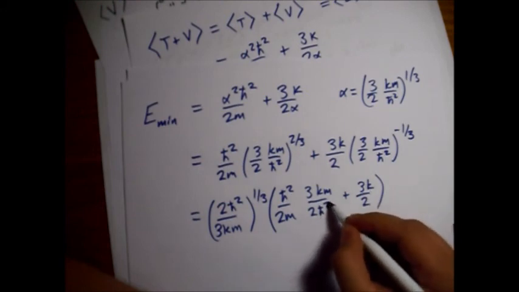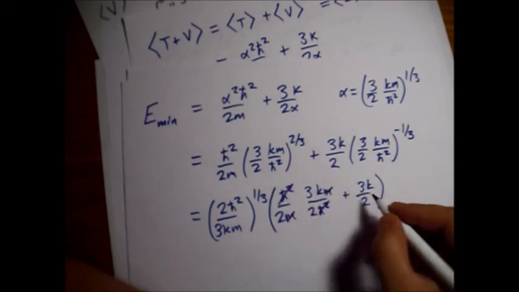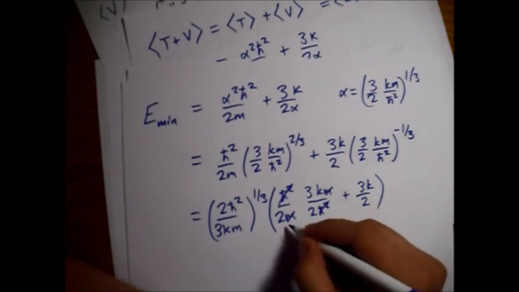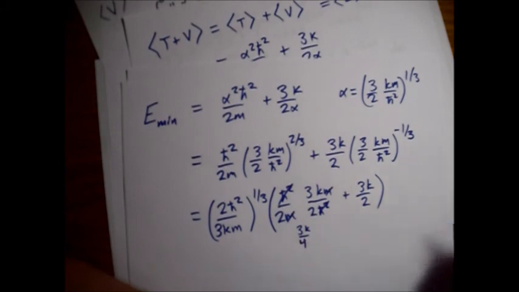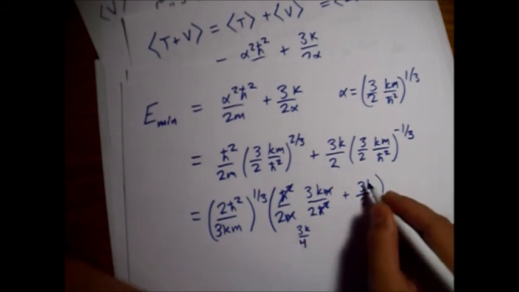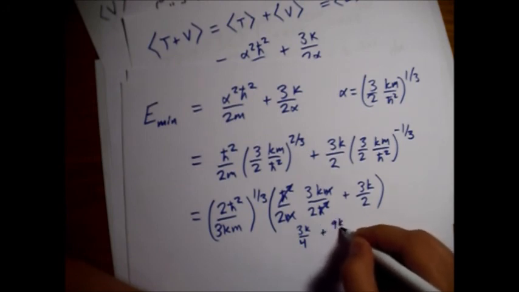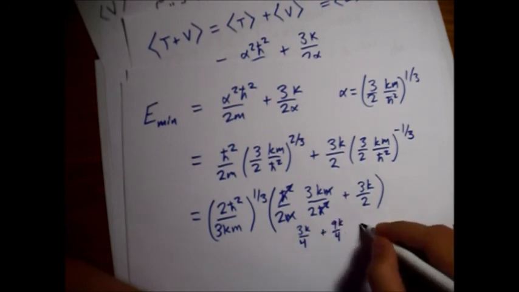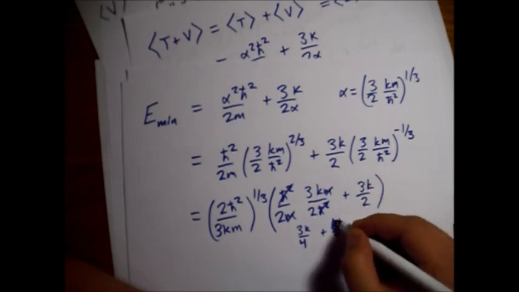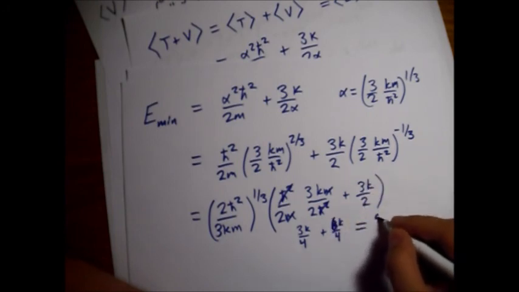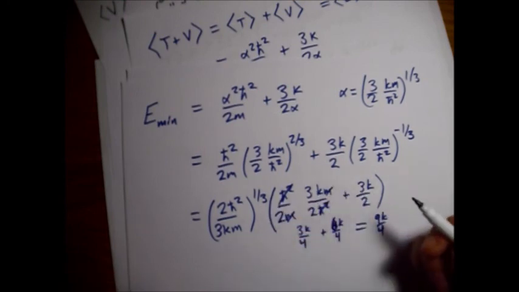All right, so in here we get our h bar squareds to cancel, our m's to cancel, and this piece here is just a 3k over 4. All right, so this part here will be a 9k over 4, giving us a 6k over 4, giving us a total of 9k over 4 for the inside piece here.